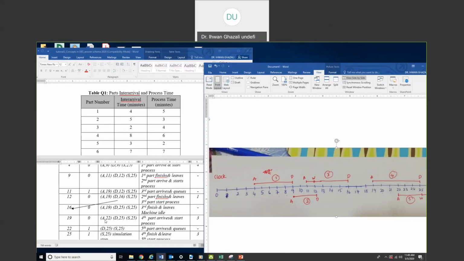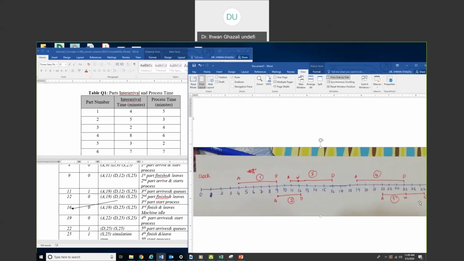Now the closest D here is still this D. This is the closest timeline for D. So you just put down again D, this D. Then stop in minute 25, right?